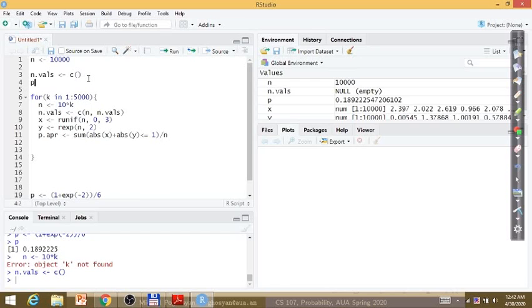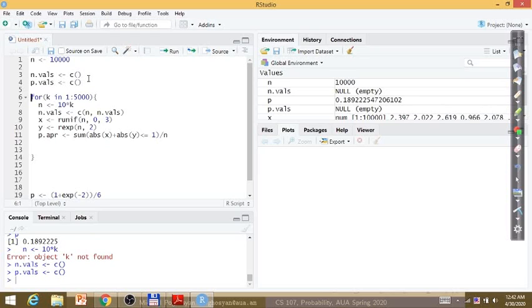So p vals is first an empty vector. I'm running this, and here every time I obtain a new value, I keep it in that vector. So I'm updating p vals, concatenating the old p vals with p approximated, that new value. Okay. Let me run this loop.